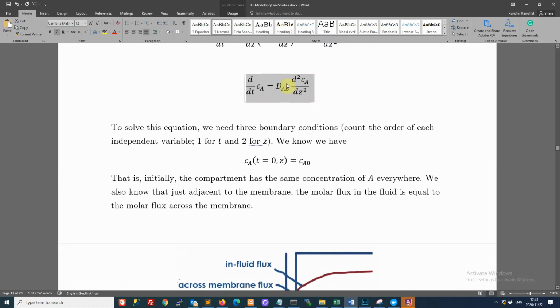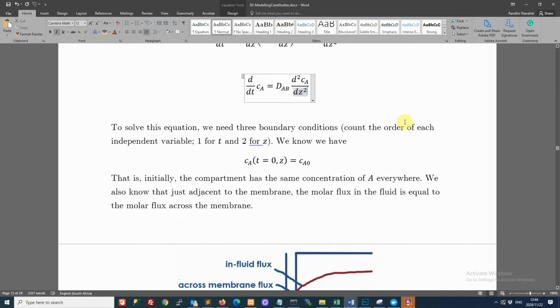So this is very general. It's just telling us how changes are related to each other here. So there is a way to count up how much information you need to nail down a solution, and that is to look at each independent variable. So here we've got t and z as our two independent variables, and in t we have a first order derivative, in z we have a second order derivative.